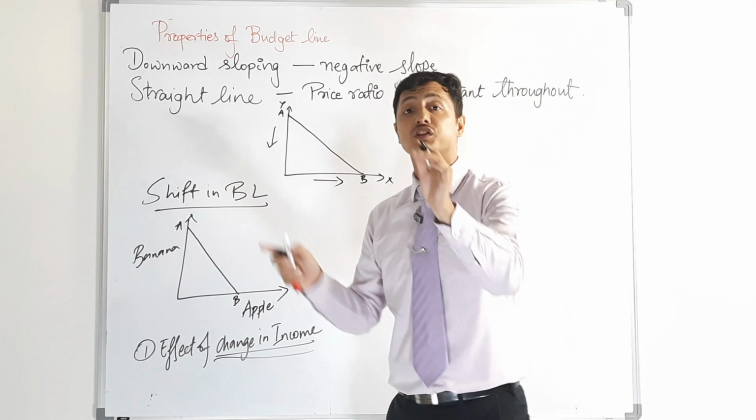Okay, now we'll see the rotation in the budget line. Suppose again this is the budget line, initial is BA. Let's suppose the second effect is the effect of a change in the price of apple.